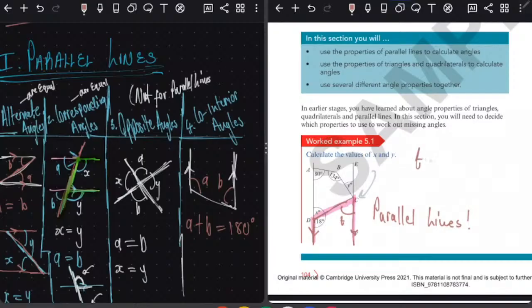Good. We know that T plus 118, this other one here, should give us 180 degrees. So to get T, it will be 180 degrees minus 118. We are using rule number 4, because they are co-interior angles. They make the letter U. Are we together?